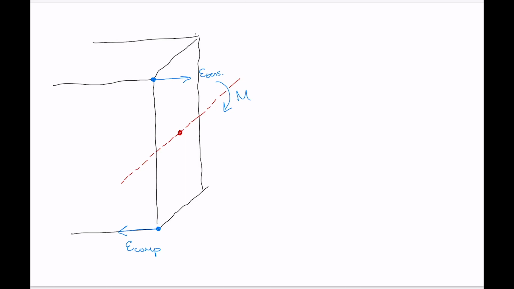And then along the axis of M, right, along the centroidal axis, that's the location where there's not going to be any strain. So points on this axis experience 0 strain.